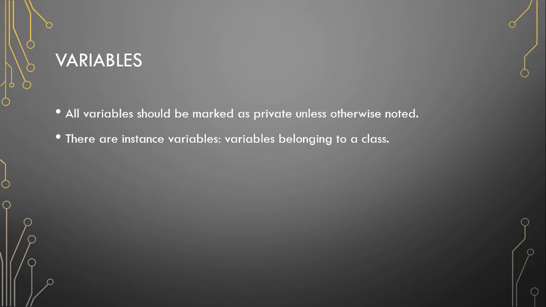Now, there are several types of variables. Instance variables, which I've already talked about, are variables belonging to a class. There are also local variables, which are variables that belong to a method. Local variables are probably the ones we think of most, because remember when we first started Program 1, we did everything in the main method. So all those variables are local because they belong to that method. If you put it inside a method, even something like a for loop, and you declare in the for loop header int i equals 0, that i is a local variable because it's localized to that loop.